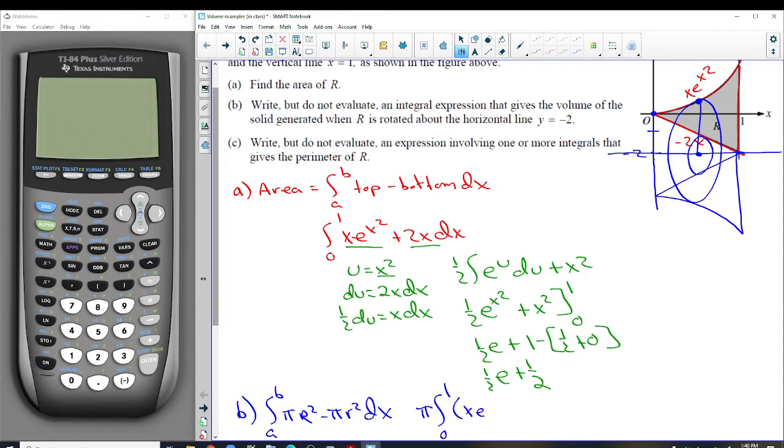So x e to the x squared minus negative 2, or plus 2, squared. That's the big circle. And now minus the little circle. So that radius is going from the line to the line, which is negative 2x minus negative 2, or plus 2, and then dx.